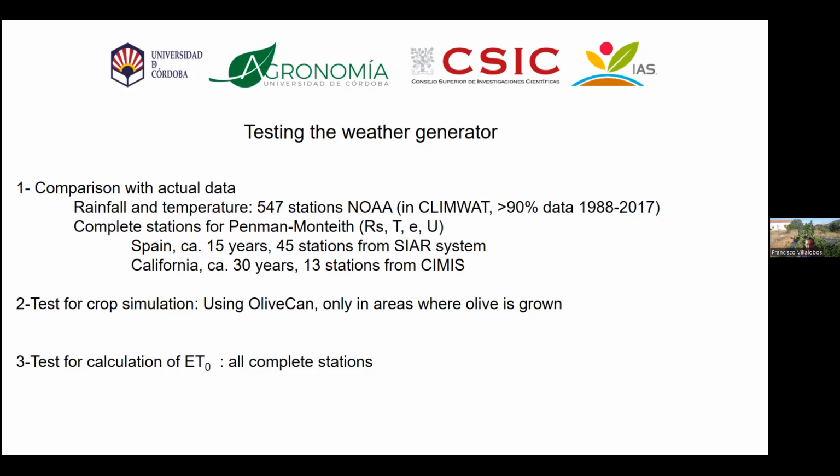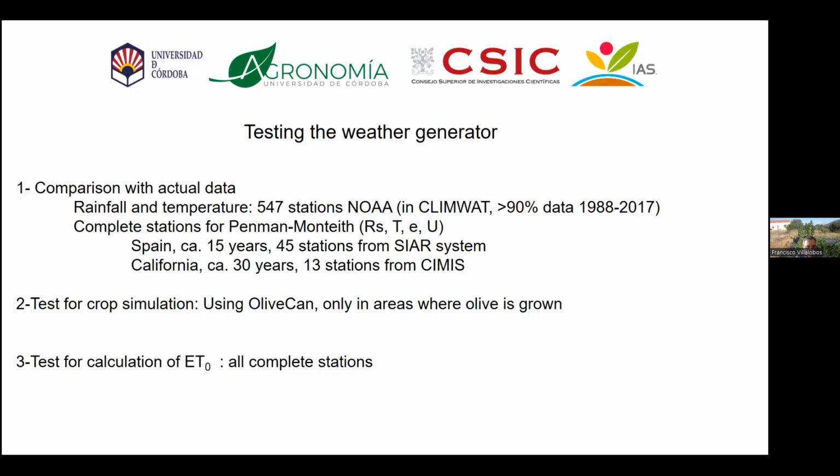That's the central government of Spain that runs that system. And we took also data from California, around 30 years, from 13 stations from CIMMETEO, taken from different counties all around California.